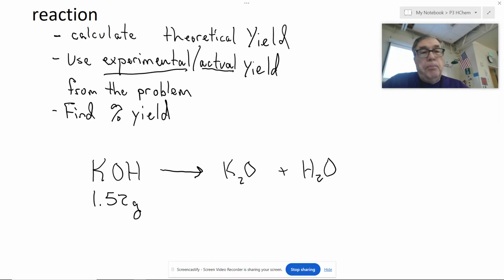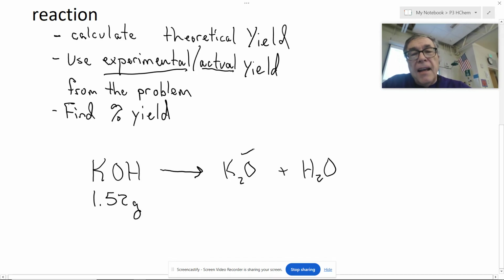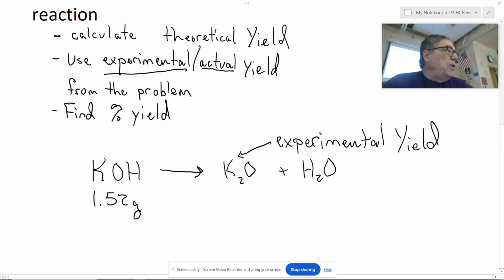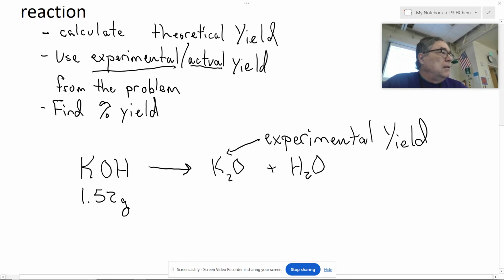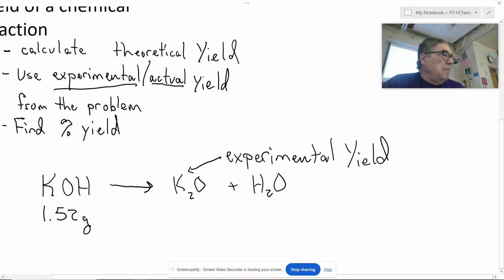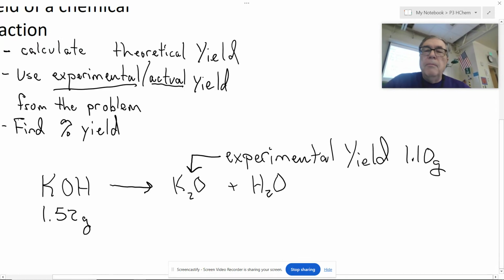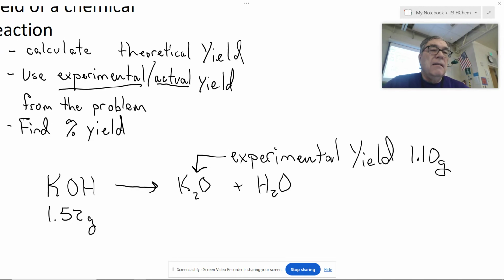We're going to put our experimental yield of potassium oxide is 1.10. So we did an experiment and we made 1.10 grams of this. How do we find our percent yield?